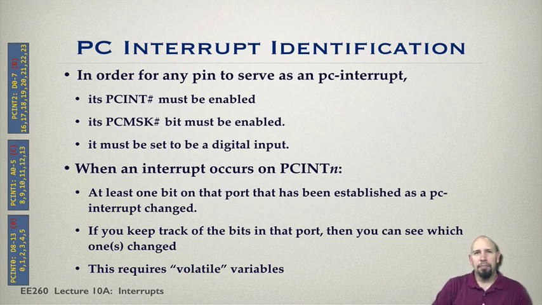So if, for example, this is associated with register C, we look at register C, and let's say we know what was in register C. Then an interrupt occurs, which means one of the pins in register C changed.